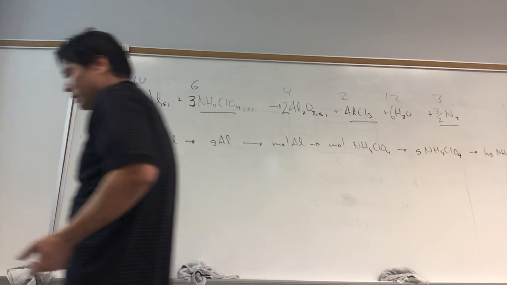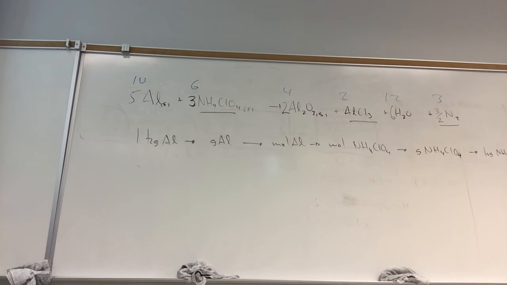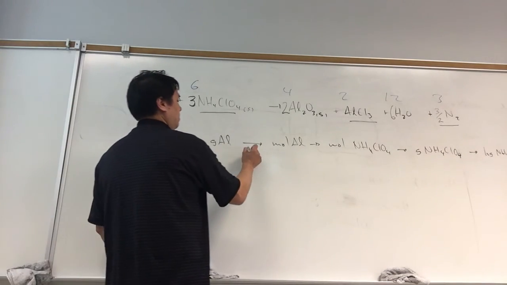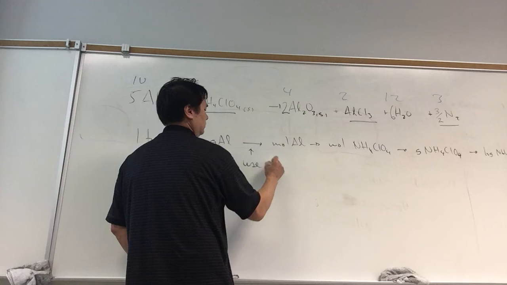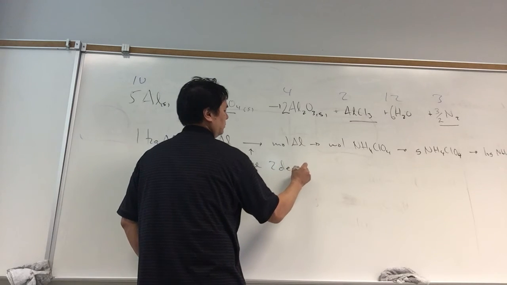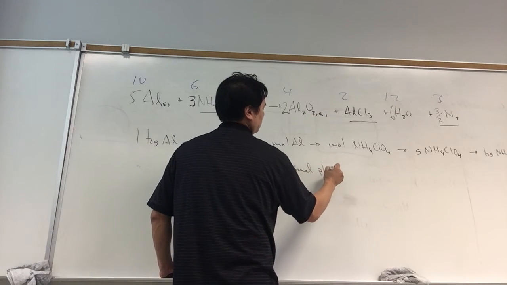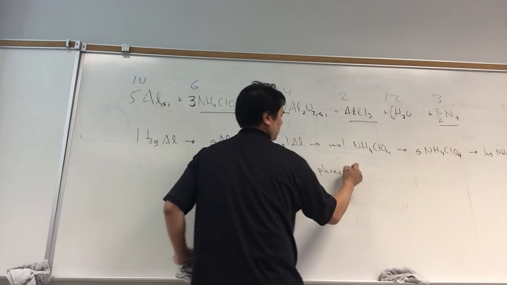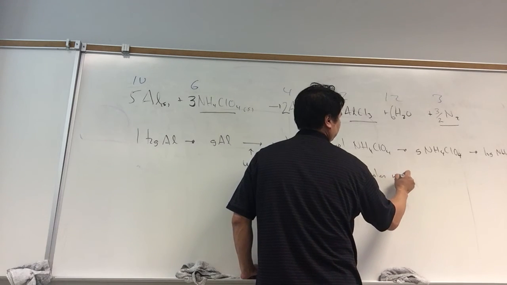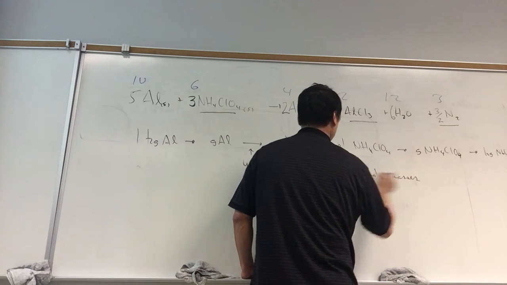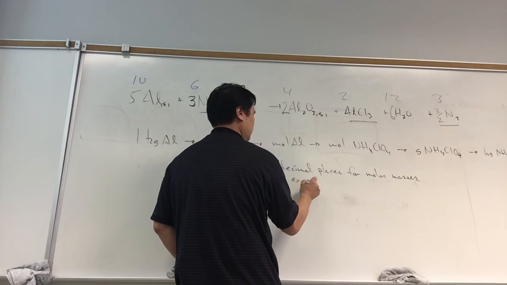What we're going to do is we're going to use 2 decimal places for the molar masses. That should give us enough, except for hydrogen.